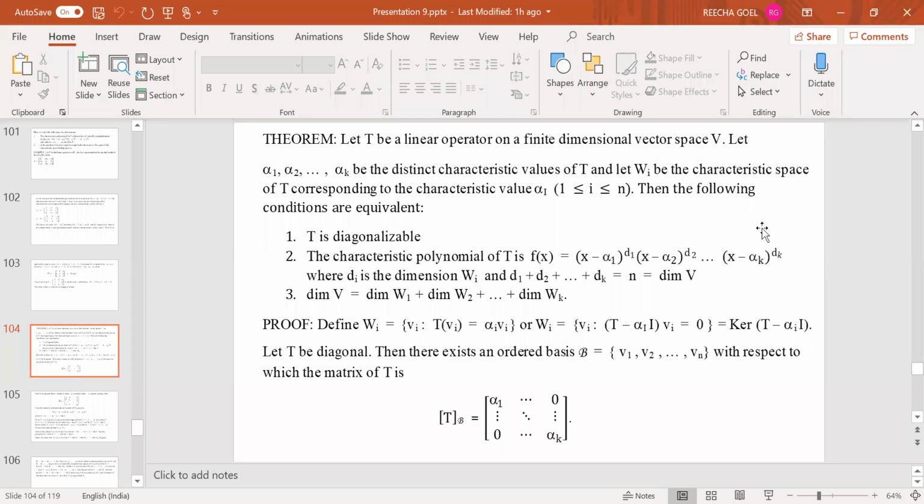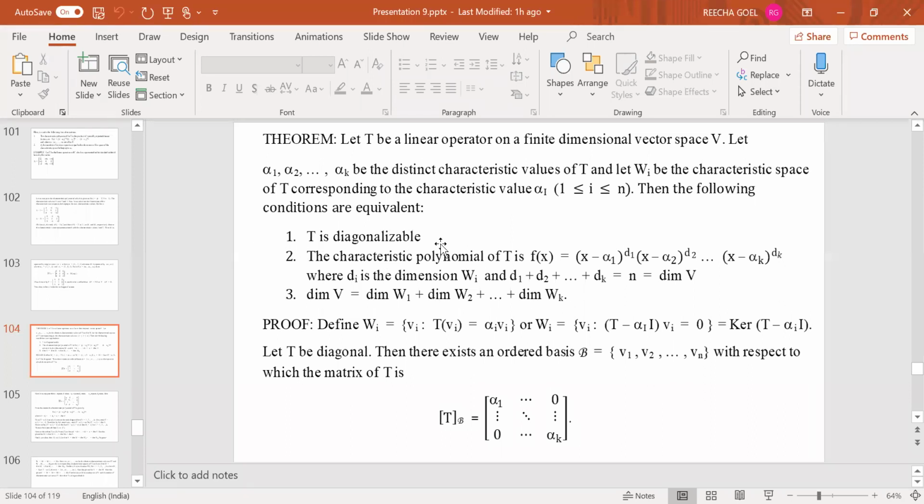And if Wi denotes the characteristic space of T corresponding to the characteristic value alpha i, where i lies between 1 and k, then the following are equivalent. This is the characterizing theorem for diagonalization of an operator.